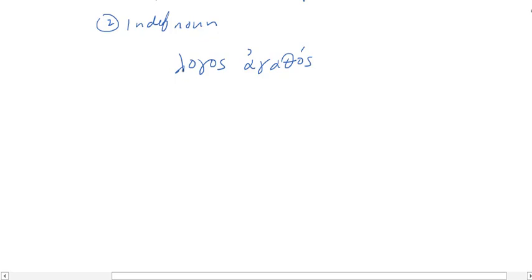A word, agathos, a good. What would that mean? A good word. That's one way to translate that. I could have agathos logos.